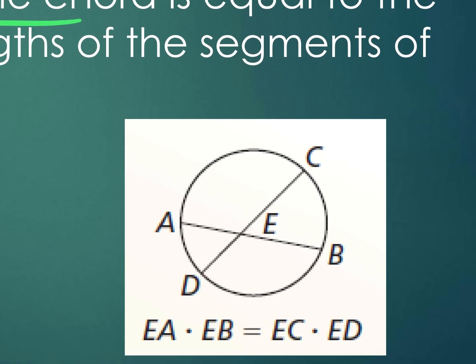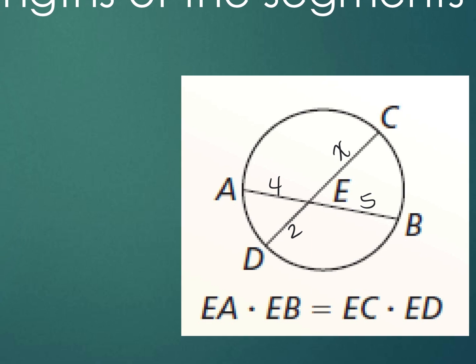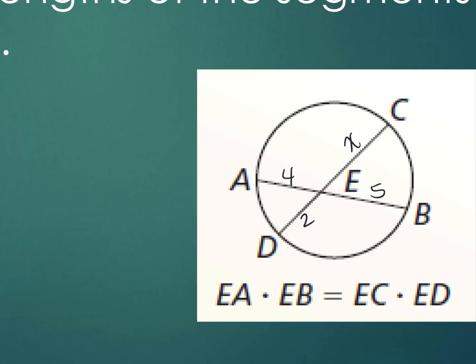And let's go ahead, let's do a quick little example for ourselves. I would like you on this diagram to make AE 4 units. Let's make EB 5 units. Let's make DE 2 units, and let's make EC an X amount, an unknown amount. All right, so what 2 values should I multiply together?